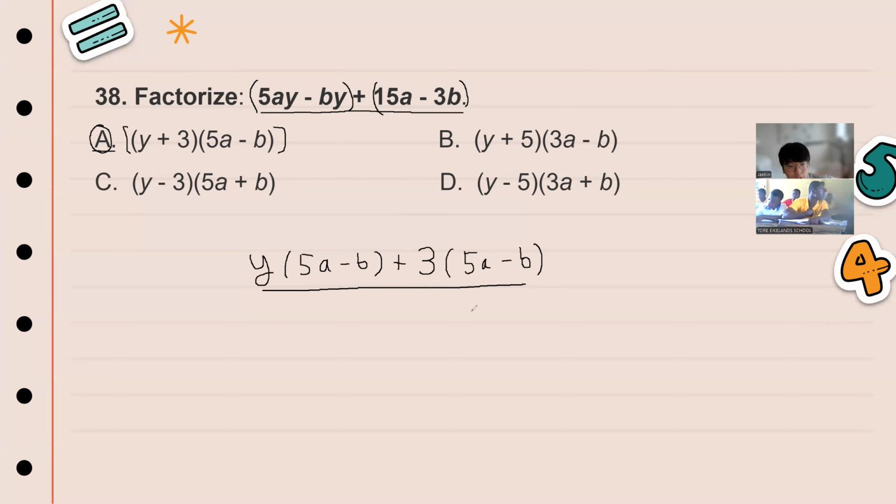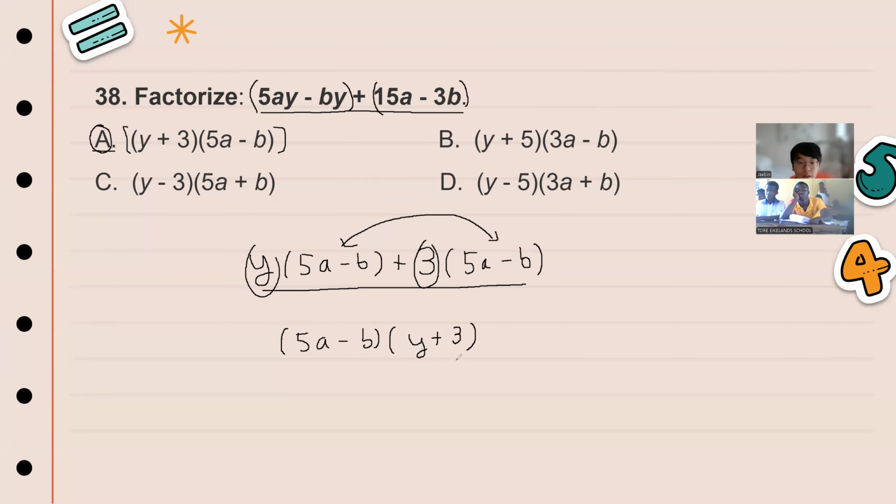Does this make sense to everyone? We can add these two factors together. Then we can see that these two factors, 5a minus b, are the same, so we can group these together. So we have 5a minus b times these two numbers here, which we're adding, y plus 3.